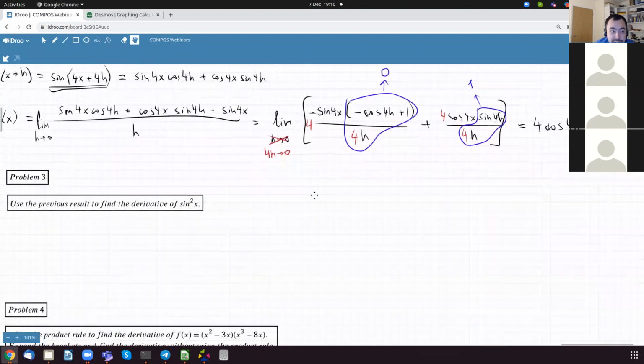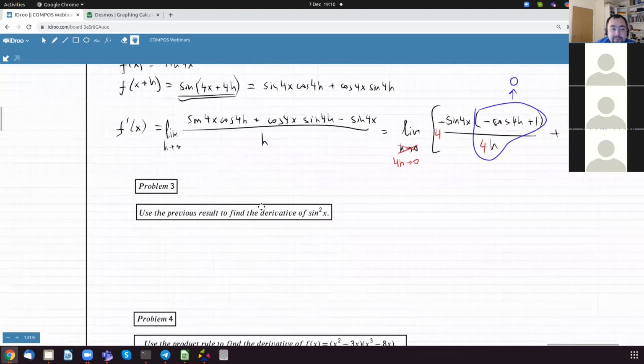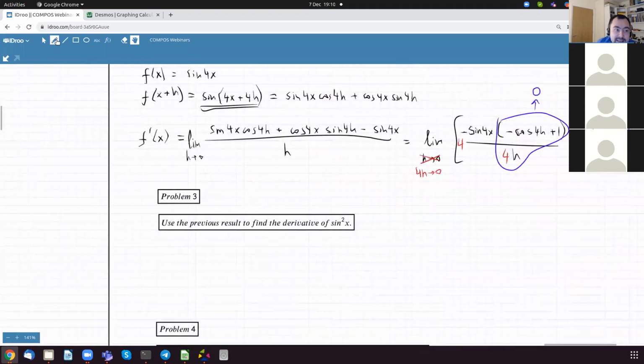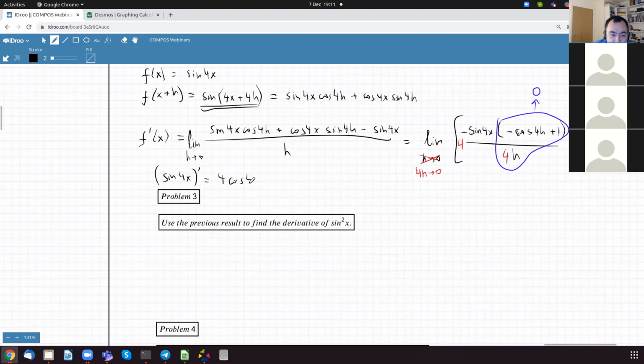You can use the chain rule by all means, but this exercise is to do it from first principles. So the derivative of sine 4x is 4 cos 4x. Okay.